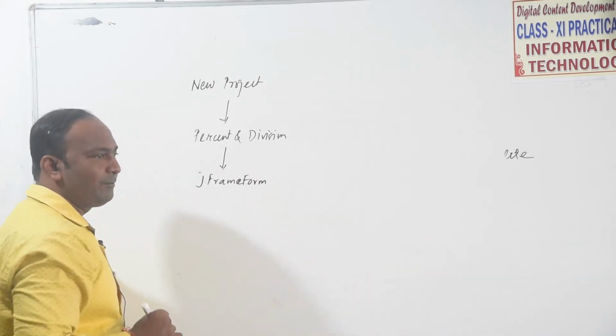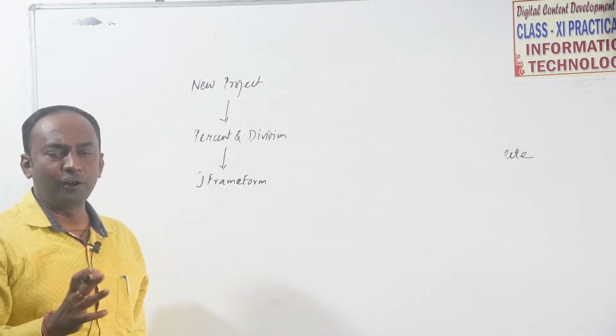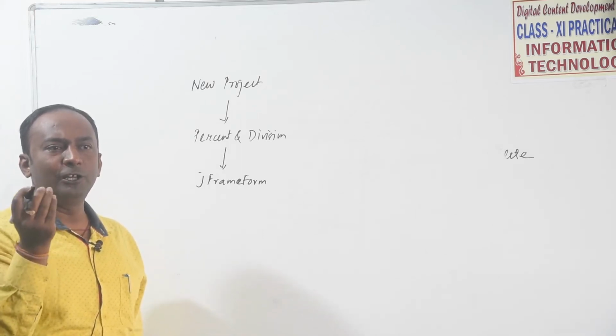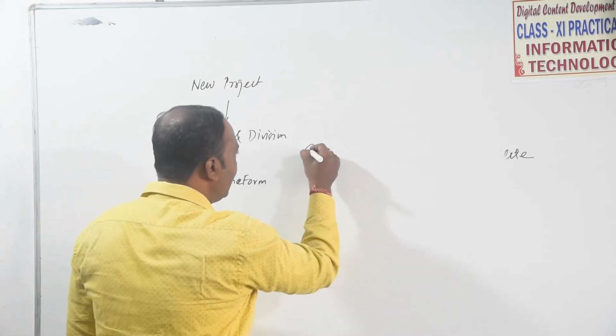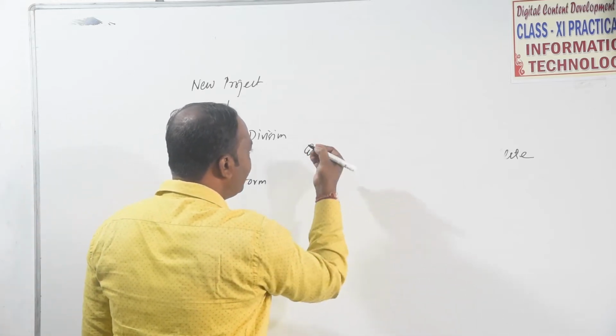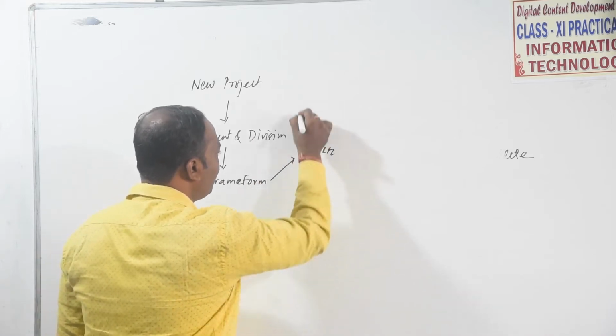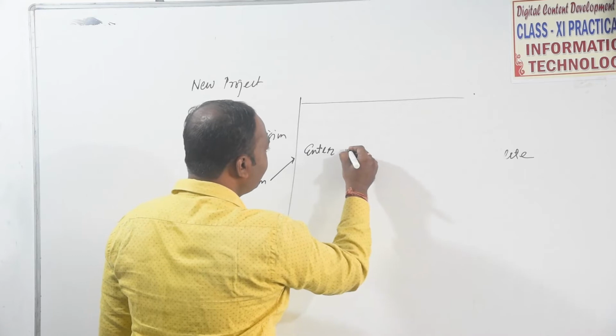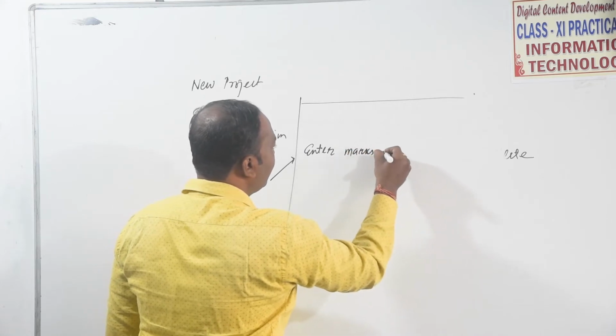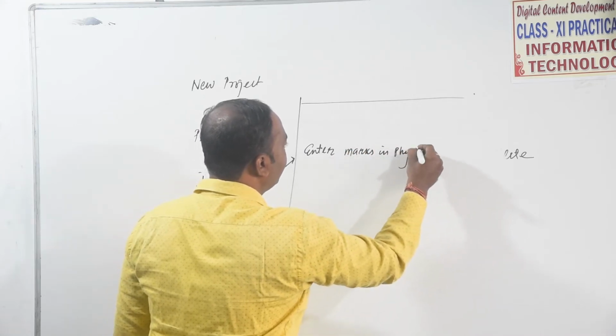We'll create a new JFrame form, and on that form we will place all the controls that are required for the application, like the controls on the design form. On the JFrame form, I have to create this design. Enter marks in physics.